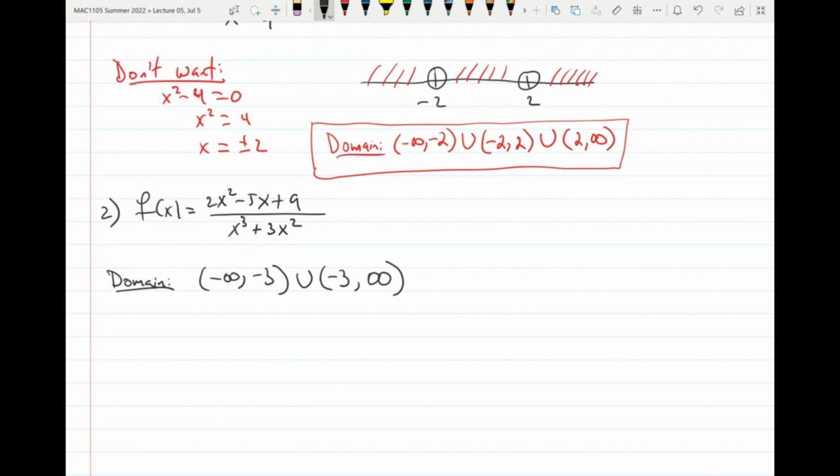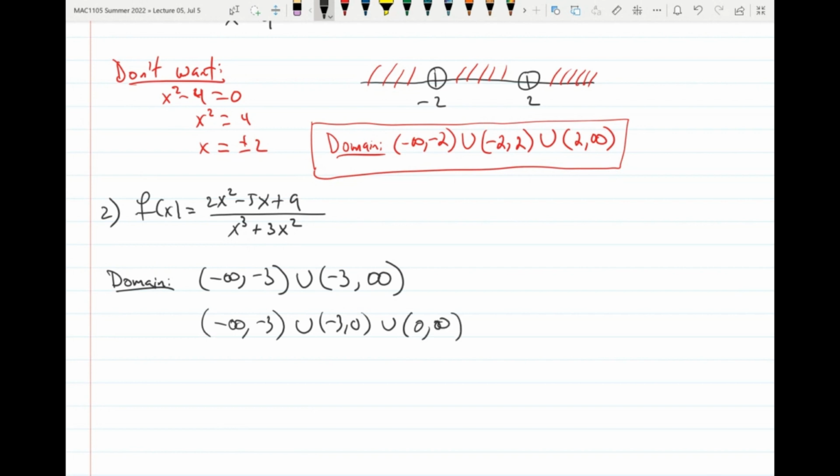No? Okay, what do you get? I took out x squared from the denominator at first, so then I also got 0. Good. So what will be the answer? Negative infinity, comma, -3, and then -3, comma, 0, and then 0, comma, infinity. Very good.